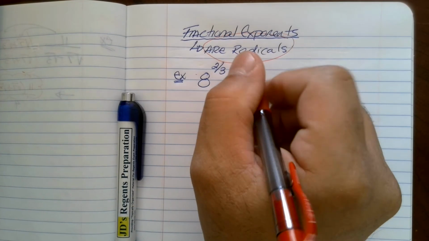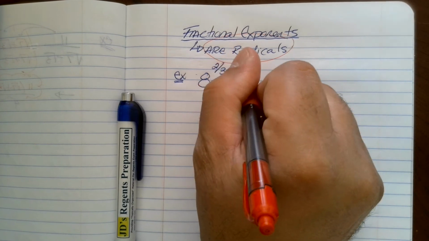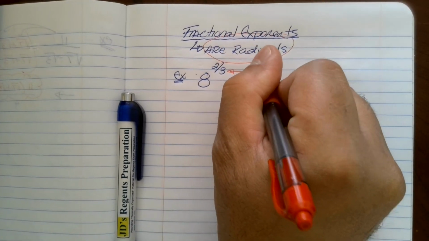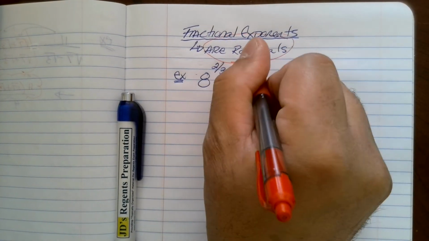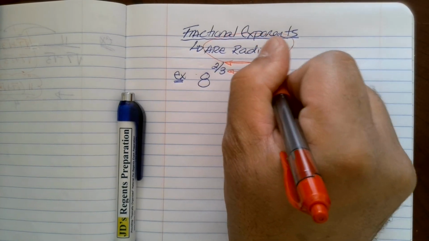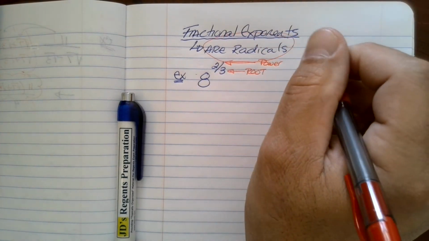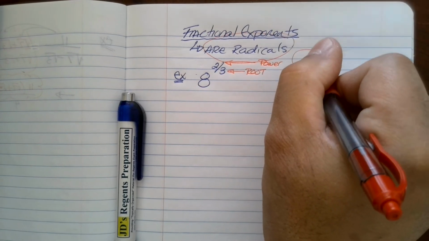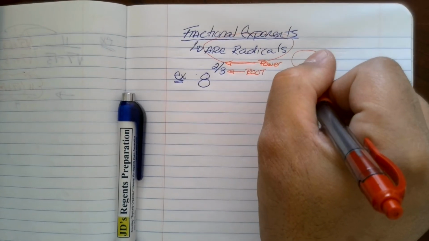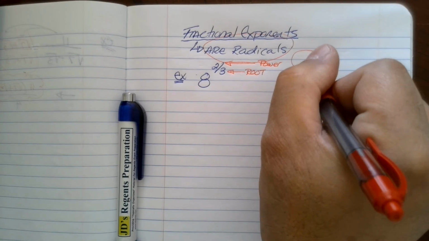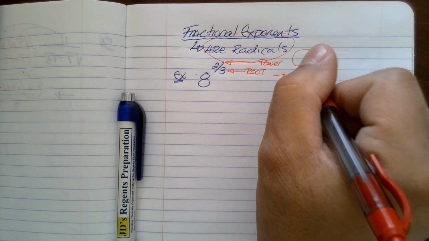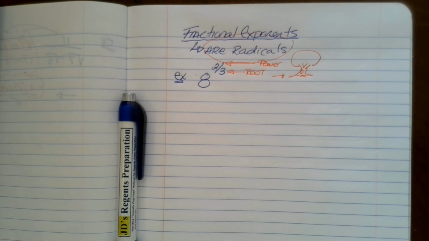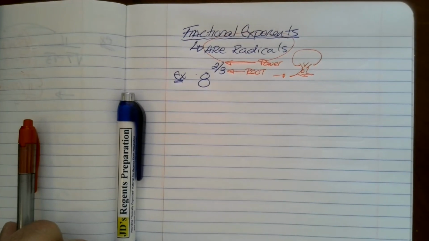The way you want to think of this is the denominator is the root, and the numerator is the power or the exponent, right? I always remember it like on a tree. The root is on the bottom and the power is on the top. So the root is on the bottom.